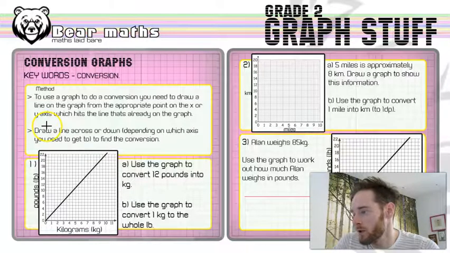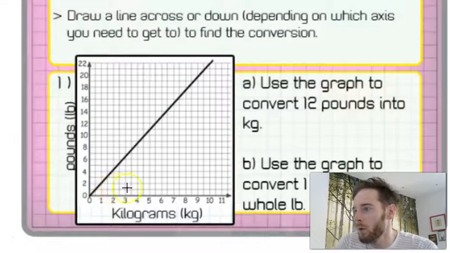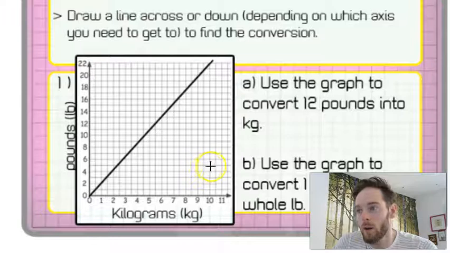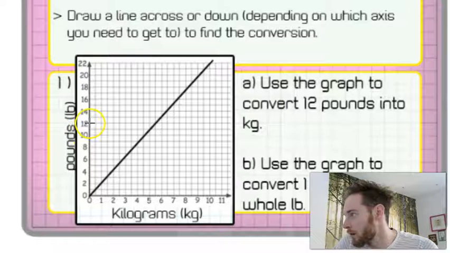In this first question, we need to use the graph to convert 12 pounds into kilograms. So on the graph you go from 12 and go across until you hit the line. I'm just getting confused there because I didn't draw that with a line.